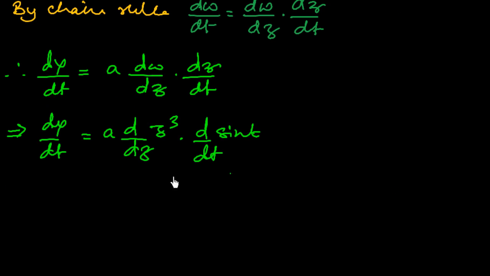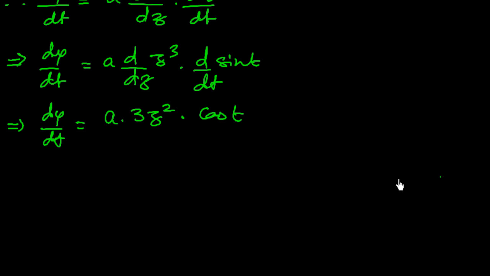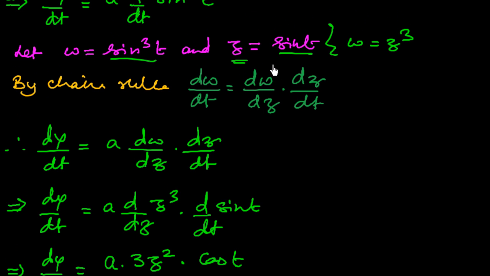Now we differentiate this: dy over dt is equal to a times 3z square, and the derivative of sin t gives cos t. I substitute the value of z, which is sin t.